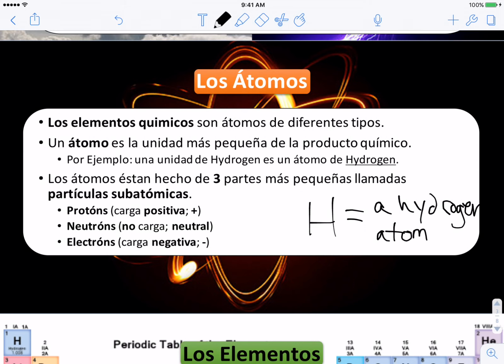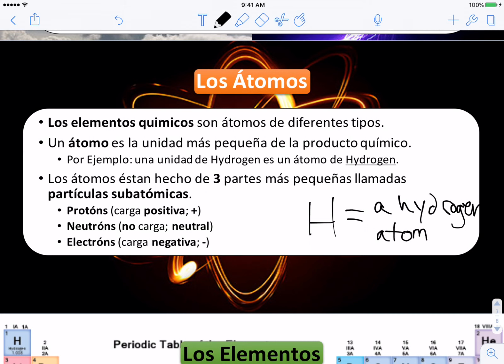Atoms are made of three smaller parts, or in Spanish that would be los átomos están hechos de tres partes más pequeñas llamadas partículas subatómicas. These three parts are called protones, neutrones y electrones. Protones tiene una carga positiva.